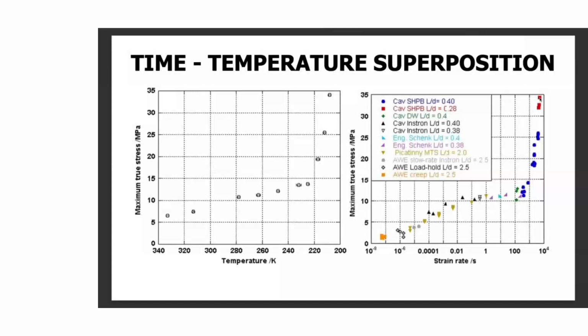On the Hopkinson bar, we have the temperature variation on the true stress to failure. And on the right, we have a graph showing strain rate versus maximum true stress across a range of strain rates. What you see there is a marked similarity in the shape of the graphs.